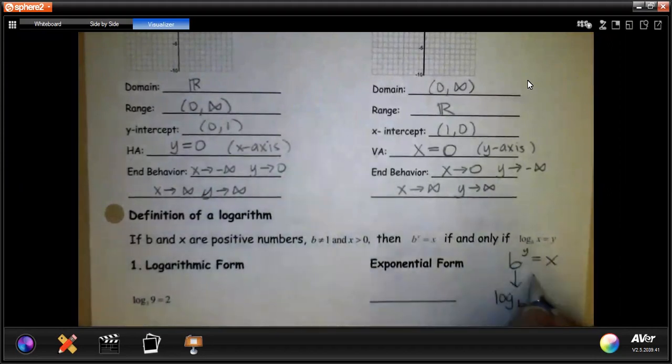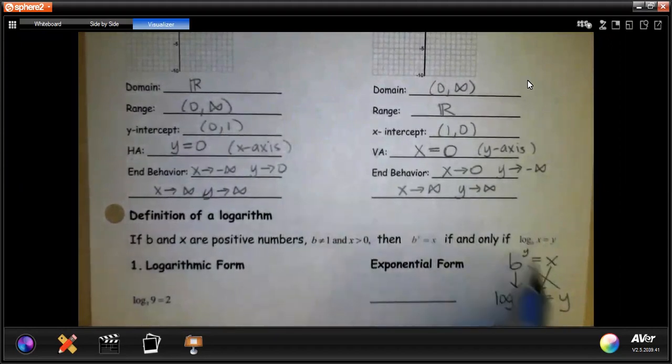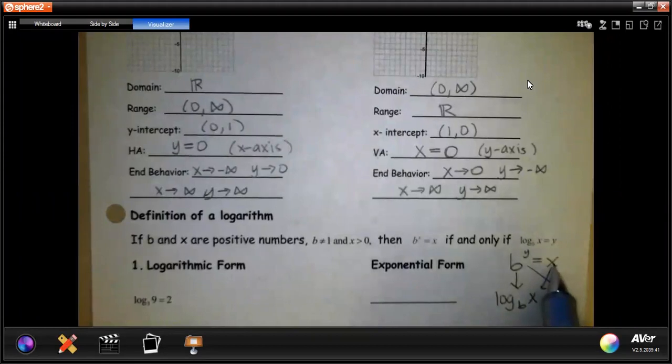The exponent is then freed to become my answer, and the answer becomes my argument. That's what goes right here on a log. This is called an argument, and this is called a base. And so the y would be freed here. So our exponent becomes that result, or our answer. The answer here becomes the argument, the inside part of that log.